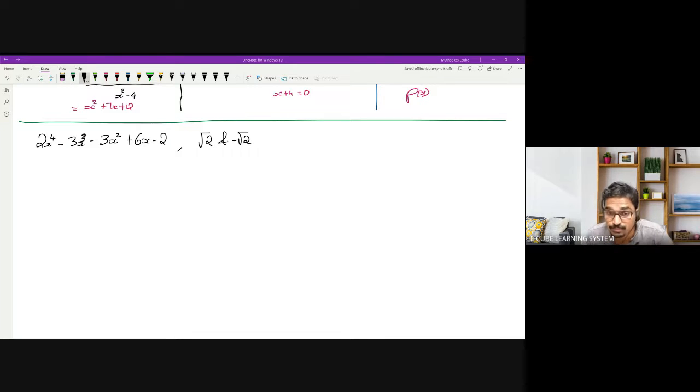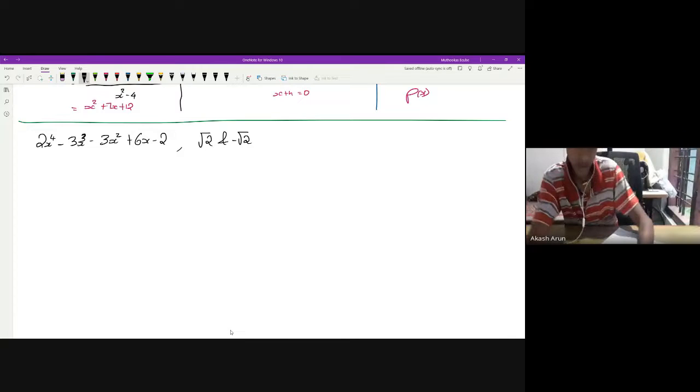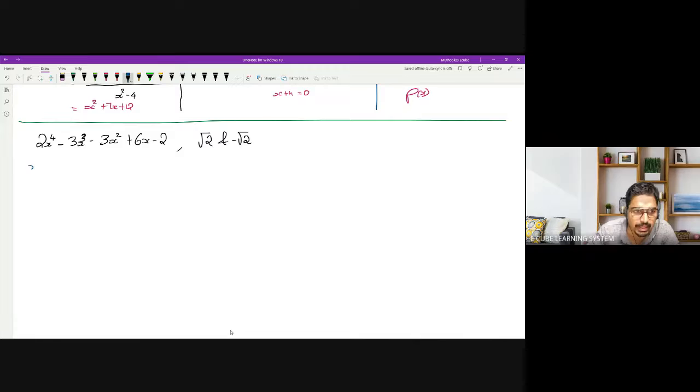Sir, x equal to root 2 and x equal to minus root 2 are the zeros of p of x. So what can we write next?